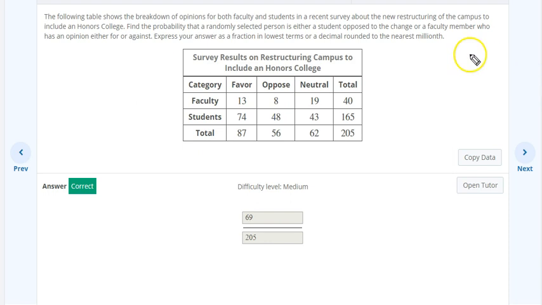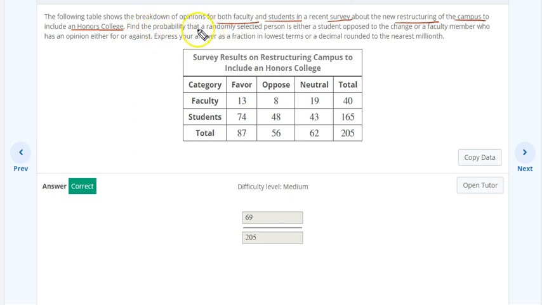Now, this next one deals with a survey. They're giving you a chart. And again, you're going to have to pause, read it carefully, and then look for a strategy to get the answer. Well, here we show a breakdown of both faculty and students in a recent study about restructuring the campus to include an honors college.